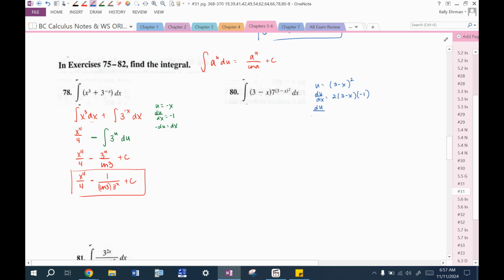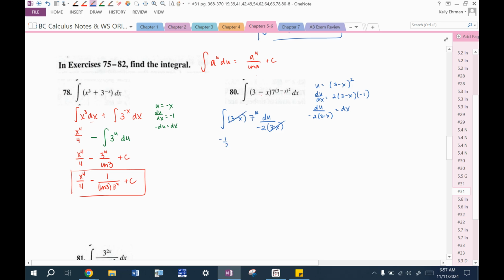So du divided by negative 2 times 3 minus x should equal dx. So if you set up your u sub like this, you should get this 3 minus x to cancel. So this is 3 minus x times 7 to the u. And then in place of dx, we're putting du over negative 2, 3 minus x. So yeah, the 3 minus x is canceled.